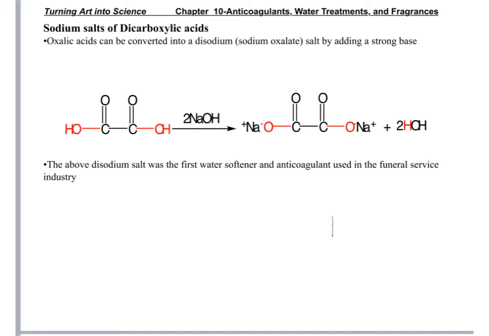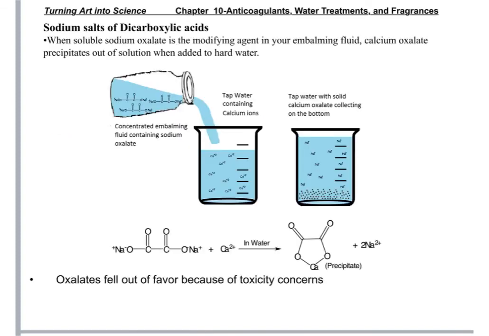It can be converted into disodium oxalate by adding a strong base, an example of which would be sodium hydroxide. It was first used as a water softener or anticoagulant, and that's what's going to be important for us in funeral services.